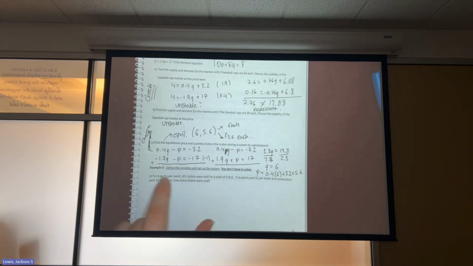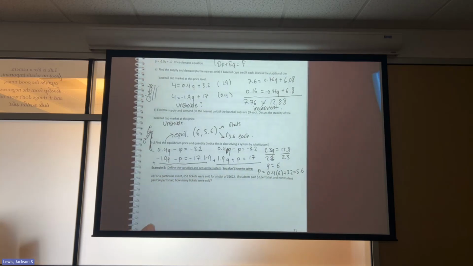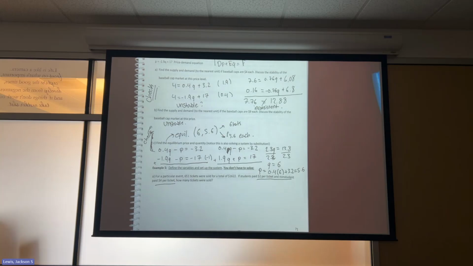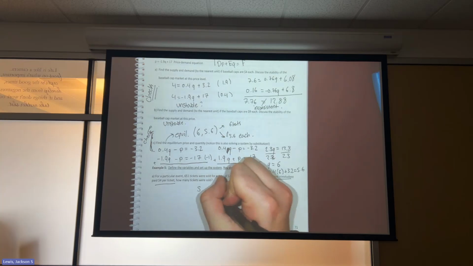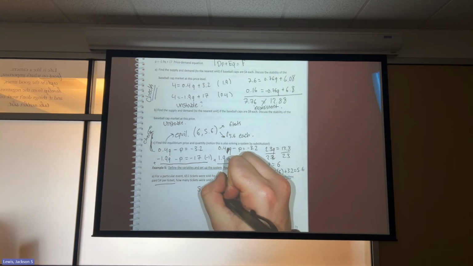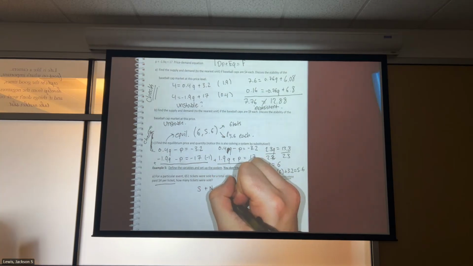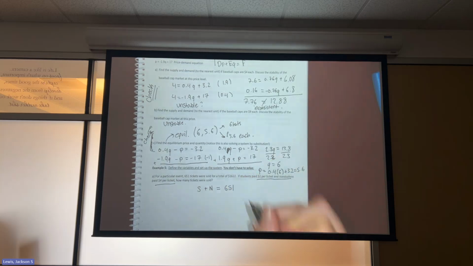Example 5 just says I don't have to solve, I just have to define variables in the problem. For a particular event, 651 tickets were sold for $1,622. The students paid $2 per ticket and non-students paid $4 per ticket. How many were sold? Well, I know that the amount of students plus the amount of non-student tickets sold has to be 651 total.